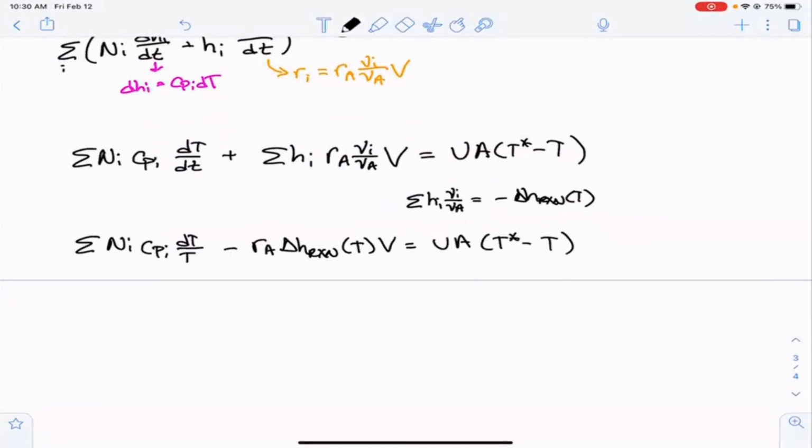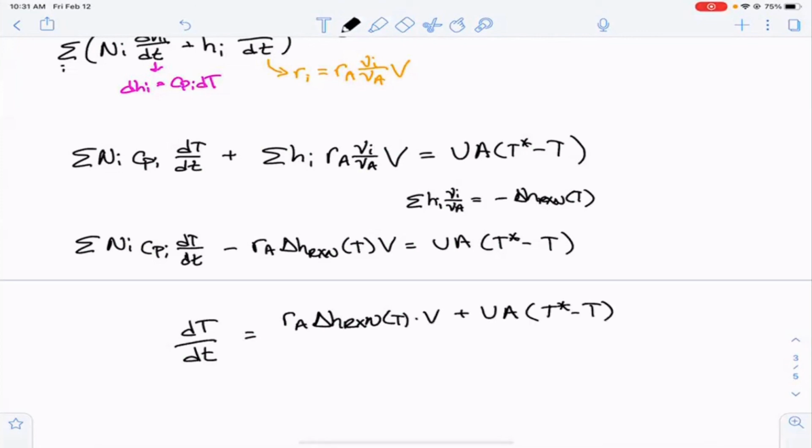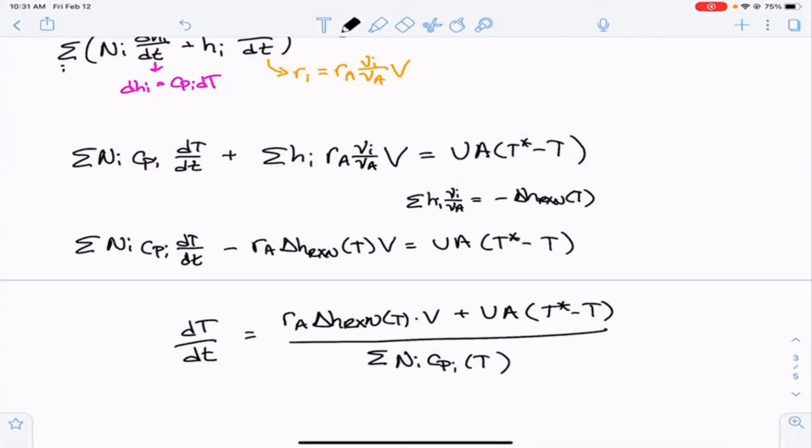Okay. And if we solve for the change in temperature over time, well, we find that dT/dt equals Ra times delta H of reaction times the volume plus UA times T star minus T, divided by the sum of Ni CPi, which could also be a function of temperature.